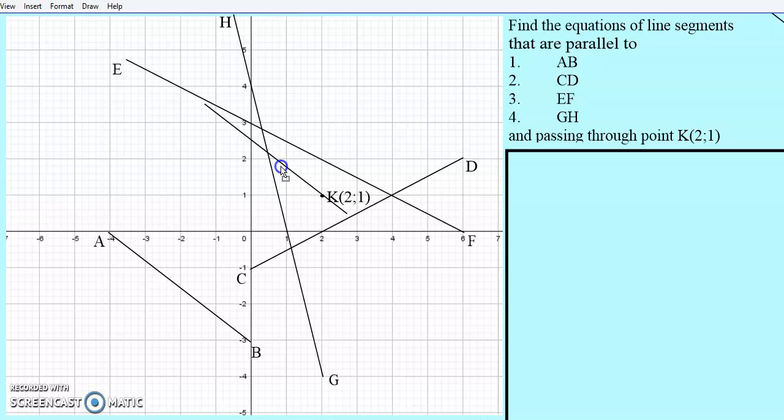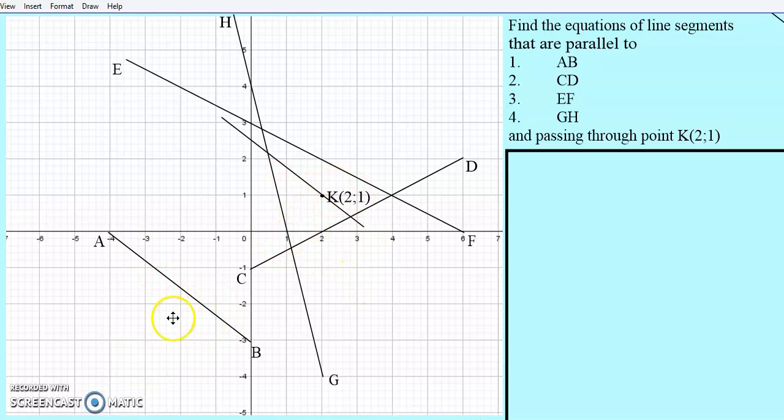The only thing I need to now calculate is what will be the equation of this line that is formed if it passes through a point K, which is (2; 1). And step by step we will calculate this information.